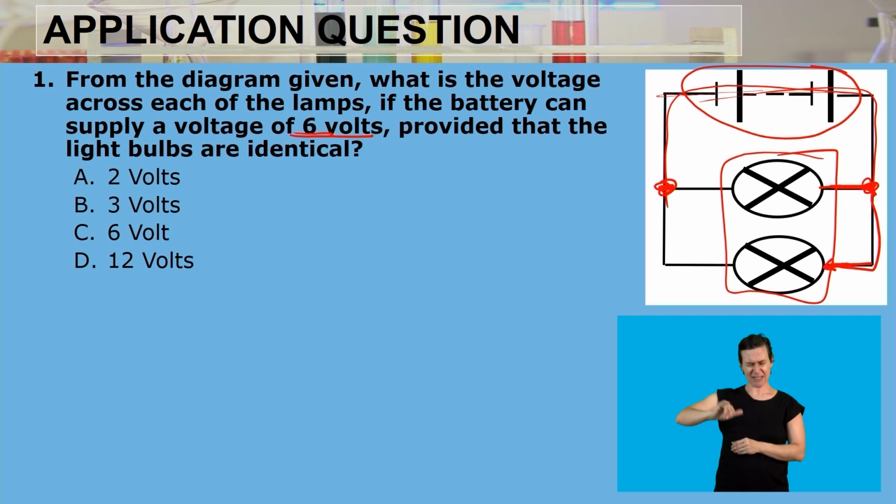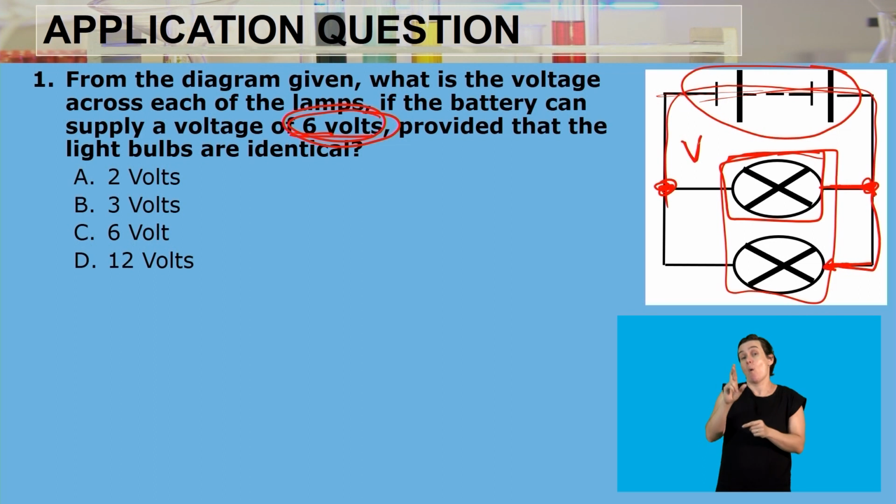Because this is a parallel connection and the battery supplies a total of 6 volts, that also means across this first light bulb there's going to be a potential or a voltage of 6V, and also across this light bulb there's also going to be a voltage of 6V.